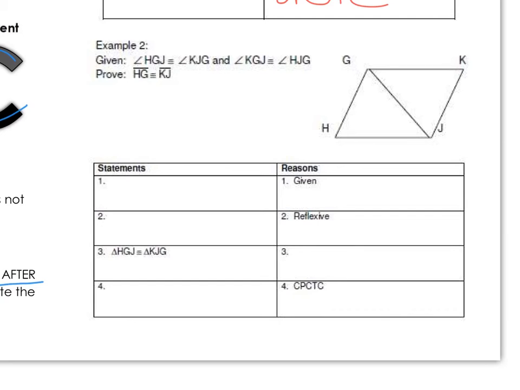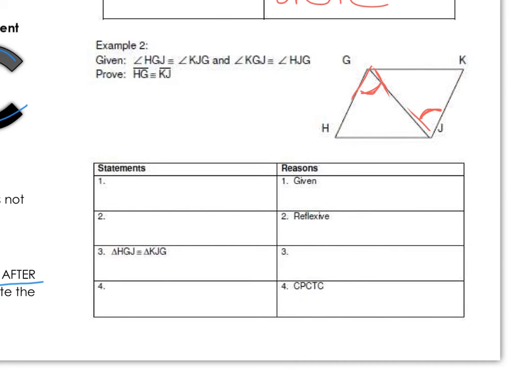Okay, so once again, we start with our givens, mark things as you are told them. HGJ, so that's this angle, is congruent to KJG. And I'm going to erase those lines now that I've done that part.